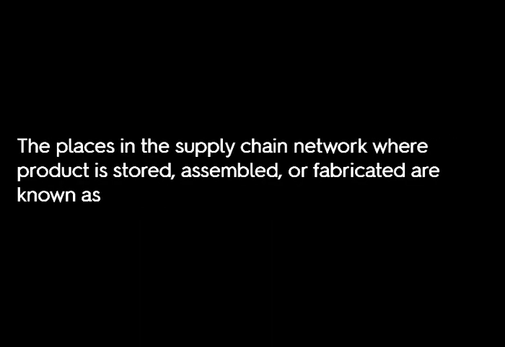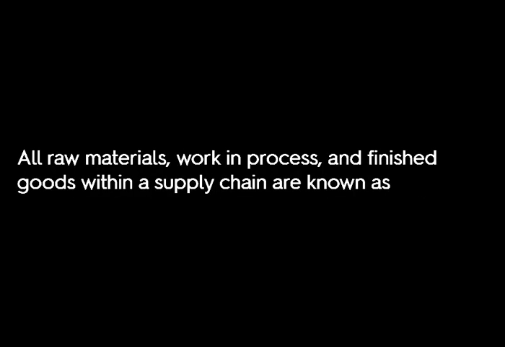The places in the supply chain network where product is stored, assembled, or fabricated are known as facilities. All raw materials, work in process, and finished goods within a supply chain are known as inventory.